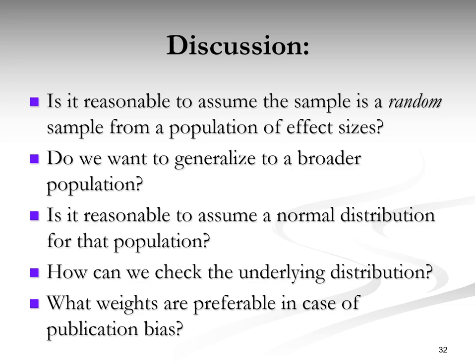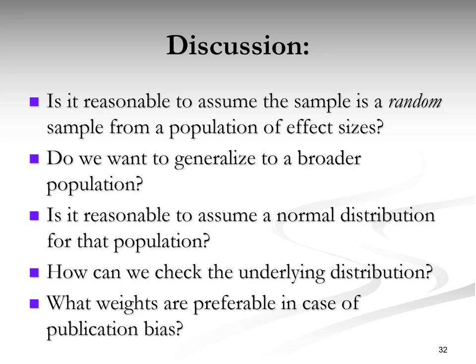And then a final issue is, if we use a random effects model, then we are giving more or less the same weight to all studies. So we give relatively a lot of weight to small studies as well. In a fixed effects model, we do not give a lot of weight to small studies.